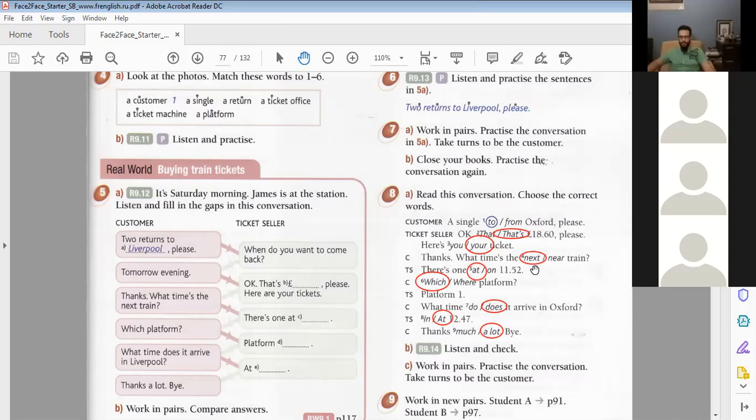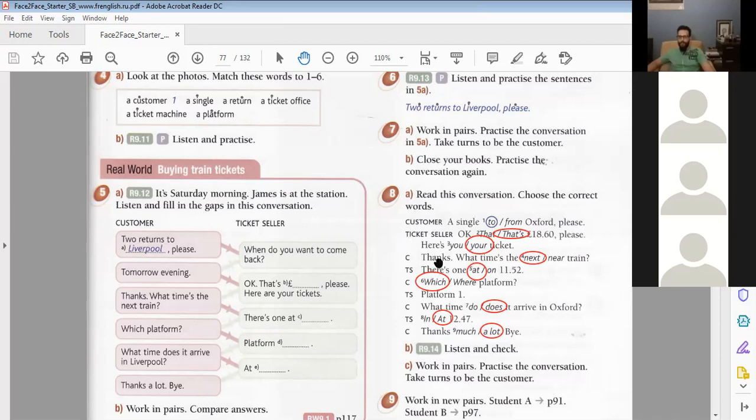There's one at 11:52. Which platform? Platform 1. What time does it arrive in Oxford? At 12:47. Thanks a lot. Bye. So all of the answers are correct. Very nice. Okay. So Basma, you can be the ticket seller this time, and Manal can be the customer.